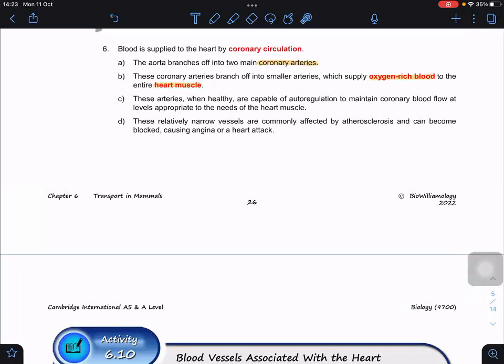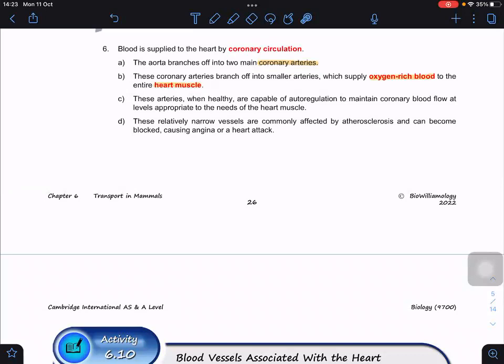When we are healthy, we are capable of auto-regulating to maintain the coronary blood flow, whether you want more blood or less blood to enter. The coronary arteries are muscular arteries, so they have smooth muscle cells to regulate the diameter, that is, how much blood enters the wall of the heart.